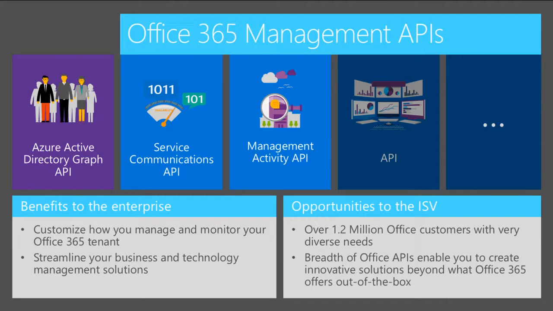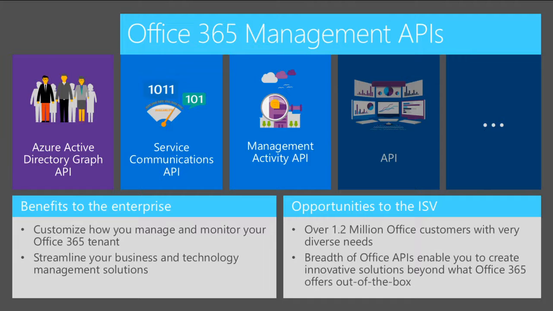The Service Communication API is an update from what we did, I would say, a year ago, where we now added the ability for you to fetch the historical data of your service status, as well as filter Message Center. So if you're only looking for specific Message Center messages, you can do that now through the API. It builds on top of what we had earlier, where you can query for current service status information, service incidents, and Message Center communications.